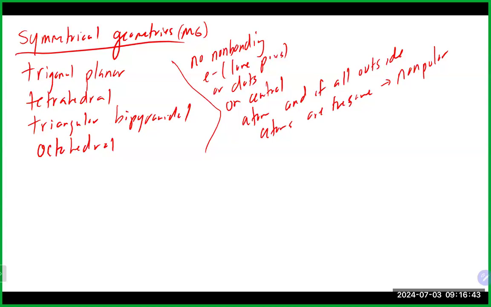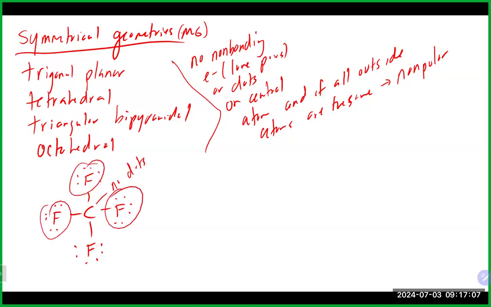So for example, if I take this, and frankly, when I look at my Lewis structure, I do not see any dots on the central atom. I see all the outside atoms here are the same. They are all polar bonds, by the way, heading towards the fluorines.